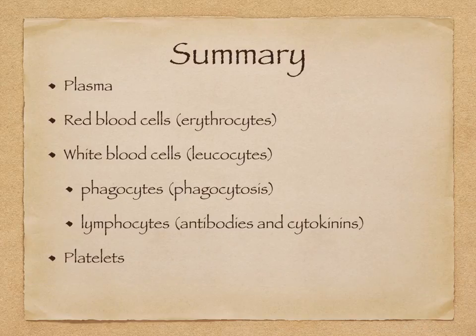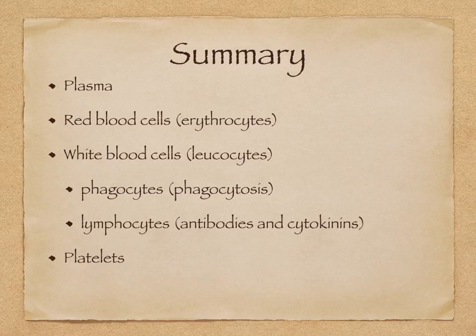Right, in summary, what have we looked at? Well, we discussed the different components of blood: plasma, red blood cells, white blood cells, and platelets. We looked at blood plasma and the molecules that are carried in it. We also looked at red blood cells, where they are made, where they are broken down and what they're broken down into. And then we also discussed their different features that make them good at carrying oxygen.